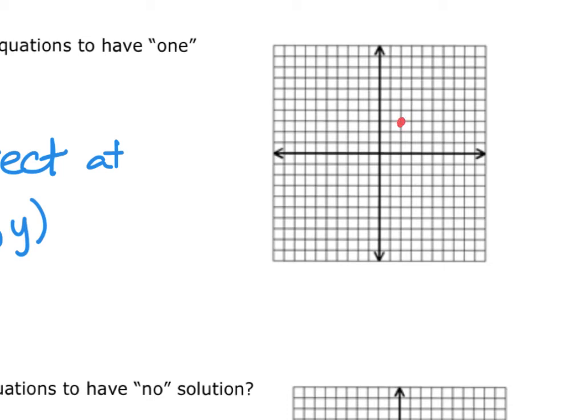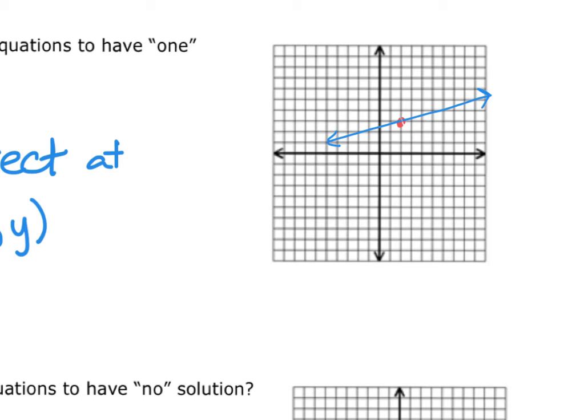So if that is the solution to my system, I can have all kinds of lines. I can have a line that looks like this, and then another line that looks like, here you go, green. Another line that looks like this. Oh, goodness.